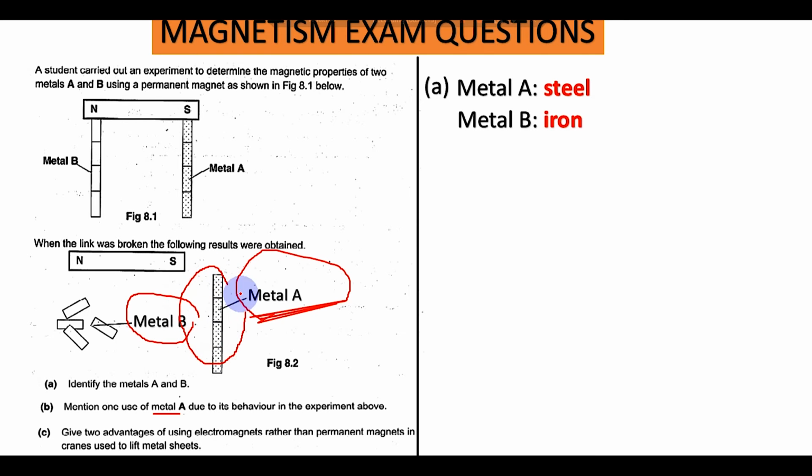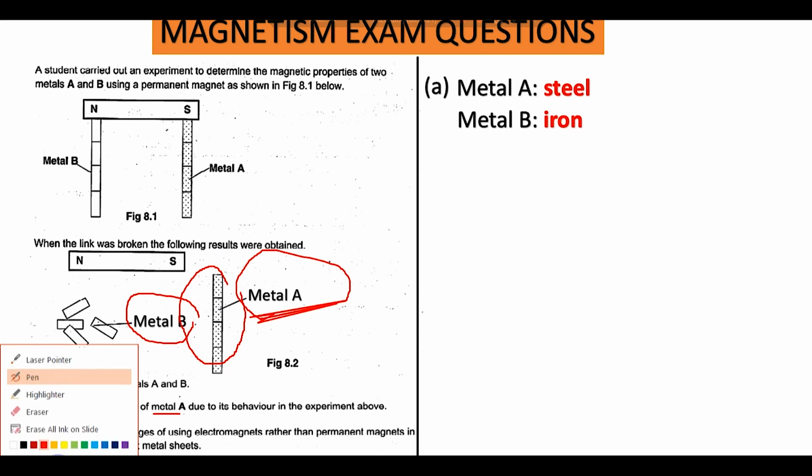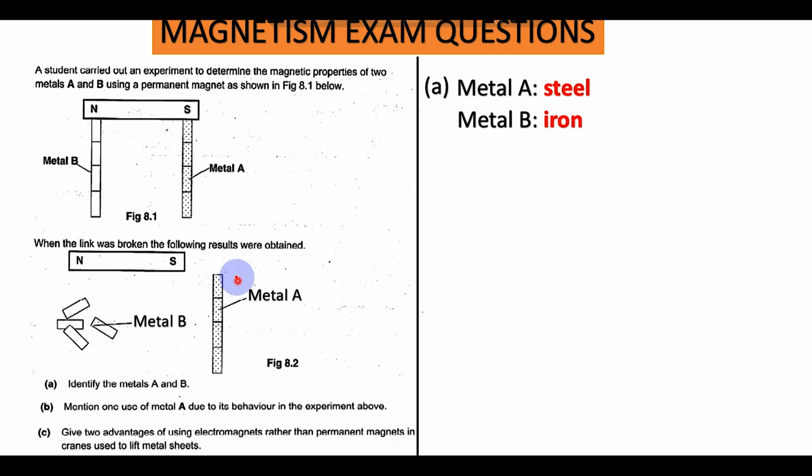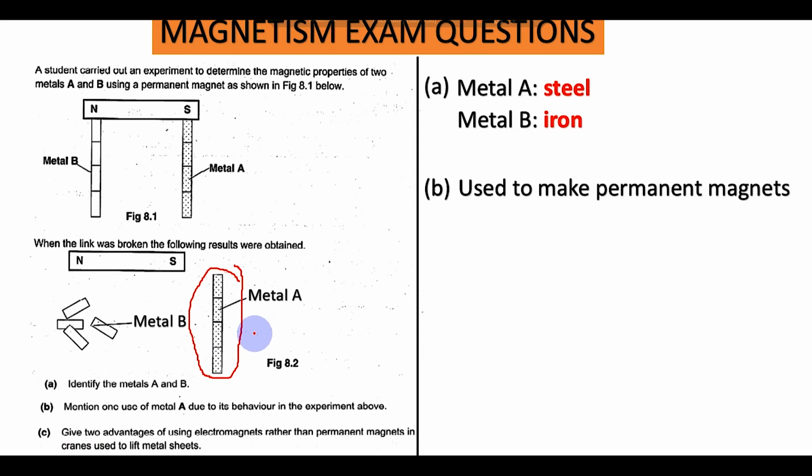Such materials are what we normally use when we are making permanent magnets. So metal A here can be used to make permanent magnets. That is one of the uses, because of its hardness to give out the magnetism.